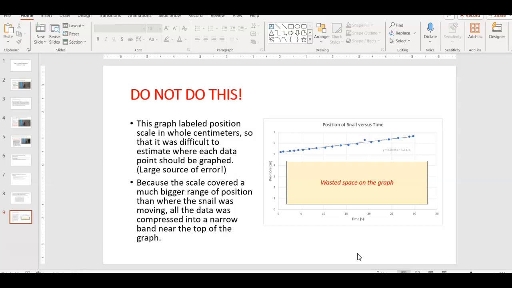Also, this scale is numbered from 0 to 7, and so all of the data is compressed into a very narrow row of the paper, and so we're wasting a lot of the page, and also it will make it difficult for us to get an accurate slope.